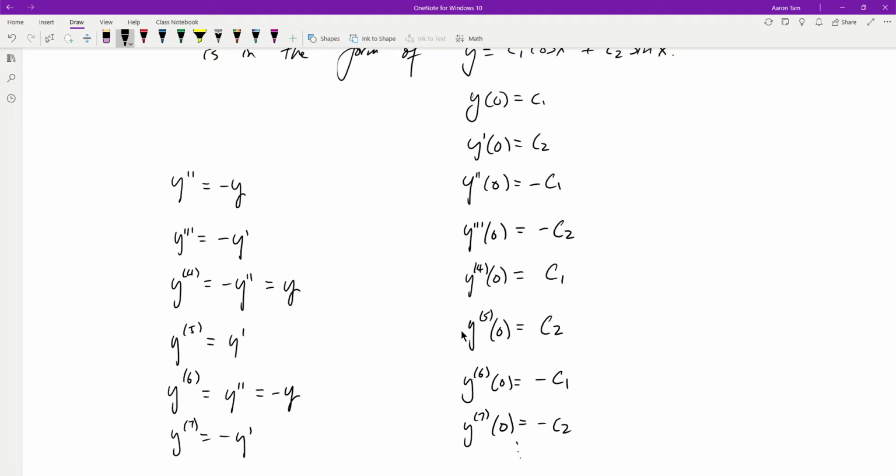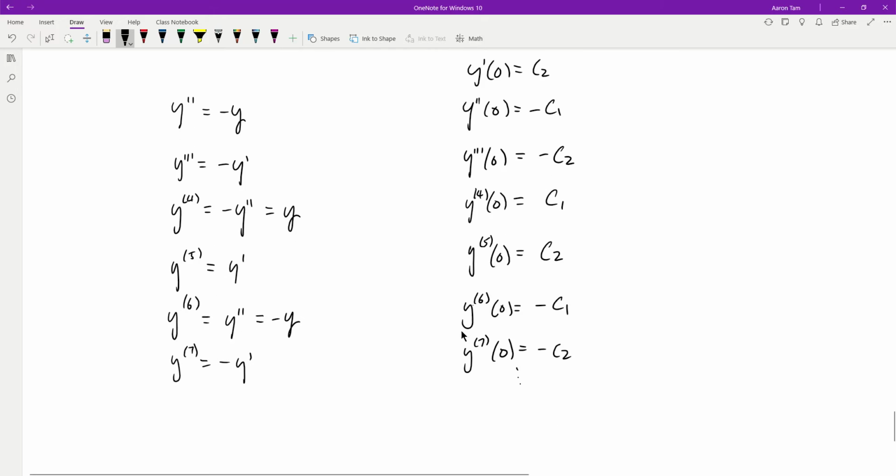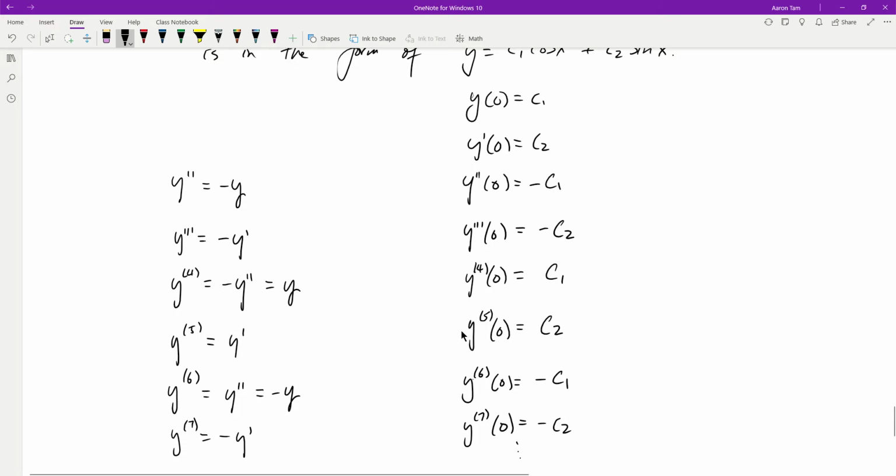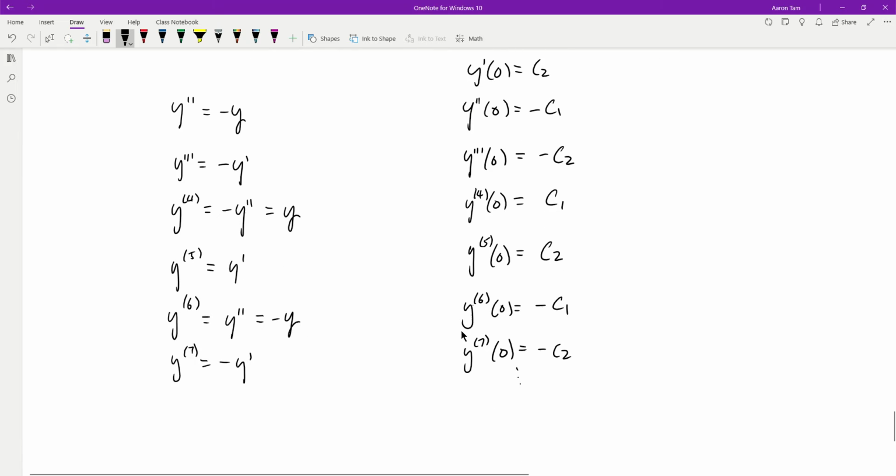Well, let's go and form our Taylor series. If I look at this list correctly, I'll do it on the bottom. Here we go. So what is y of x equal to?